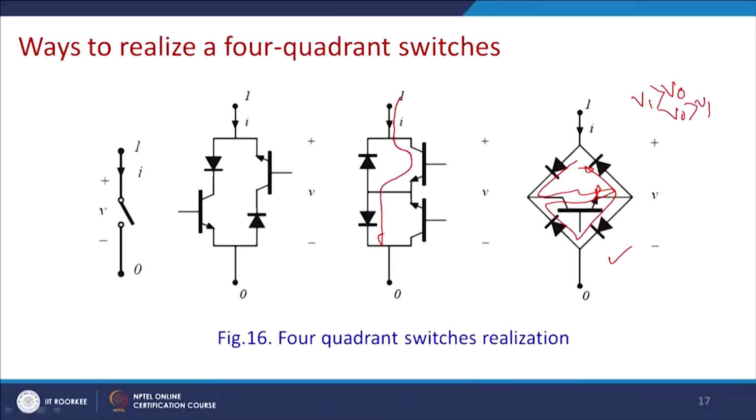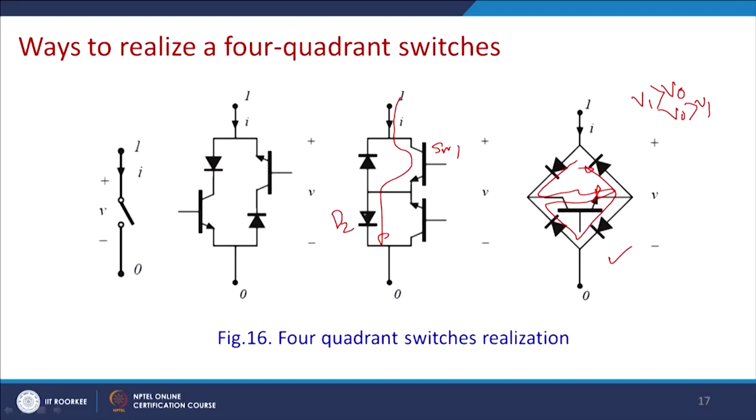Another realization can be with this anti-parallel BJT or the IGBT. In the same way, if this terminal is positive, then current flows through, let us say, switch 1 and diode 2.